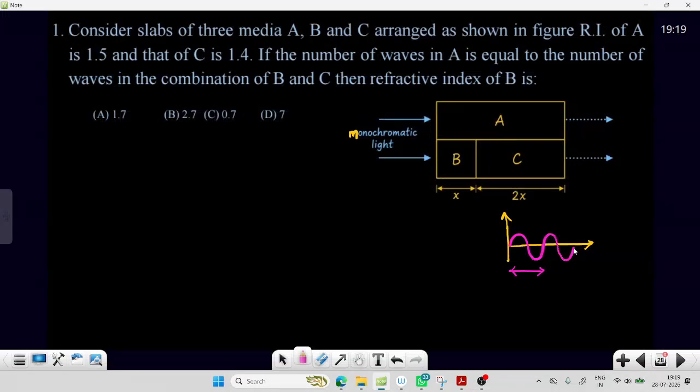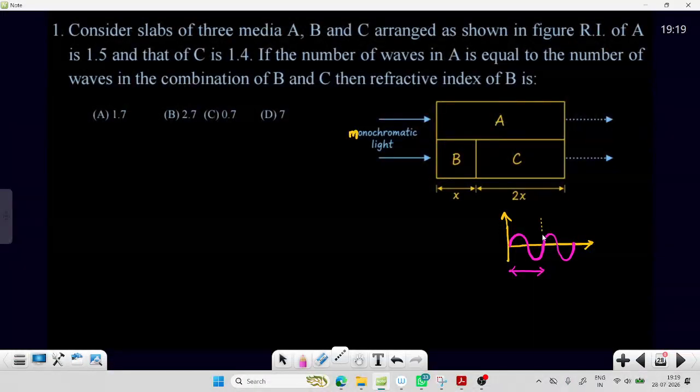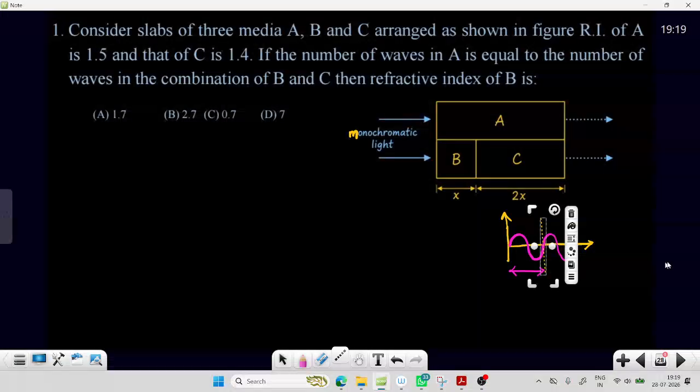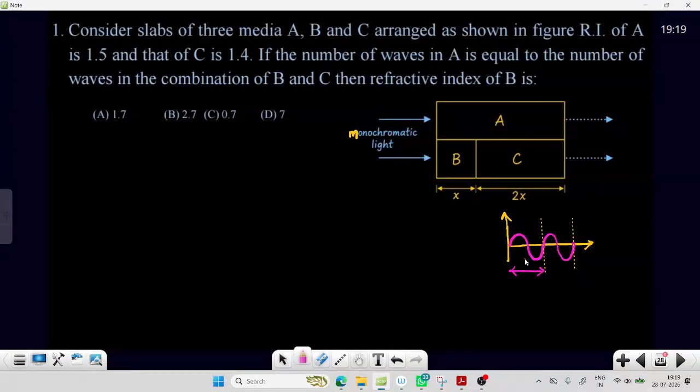How many waves are there here? Two. From here to here is one wave, and this is one more wave. From here to here, this distance is called the wavelength lambda, and this is one more lambda.